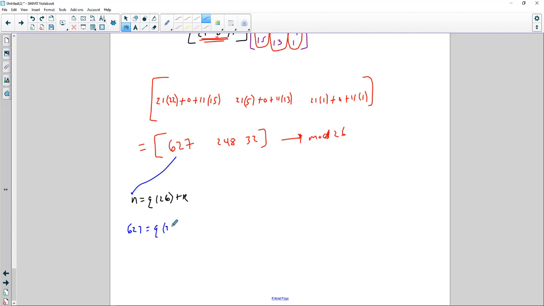Q times 26 plus R. The idea for this is to multiply 26 by some value and get a value that's less than 627, but as close to it as I can get. So what I like to do is divide 627 by 26 and just get the integer, the whole number part of that.